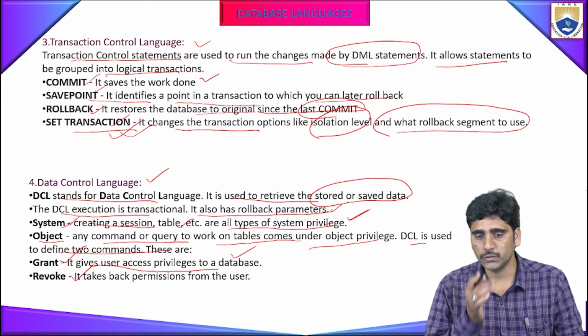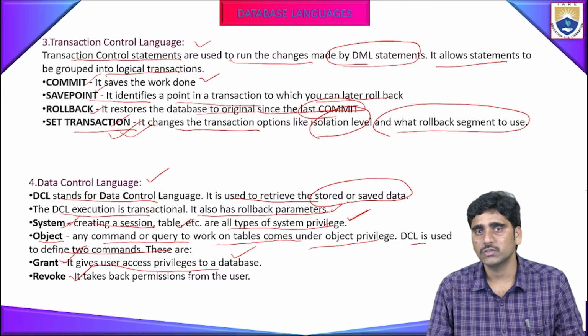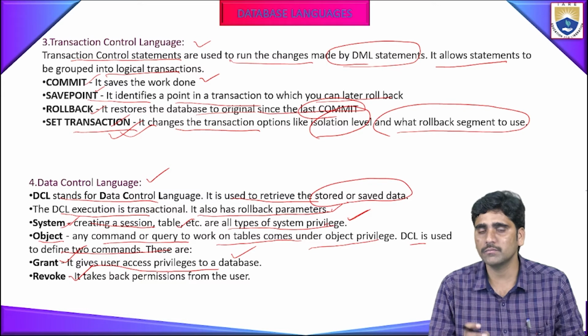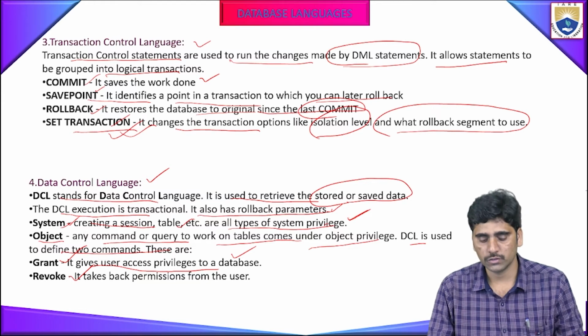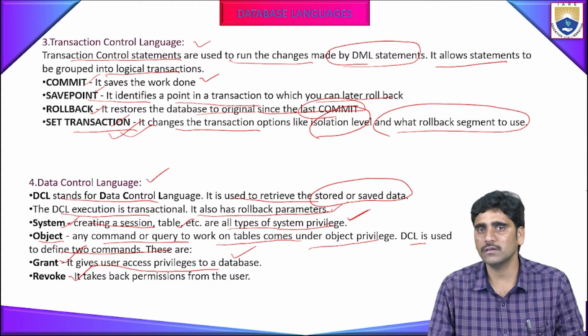If a user wants to access some data from the database, the user has to get privileges from the administrator. The administrator gives the privileges, and then the user can perform all the transactions on the database.